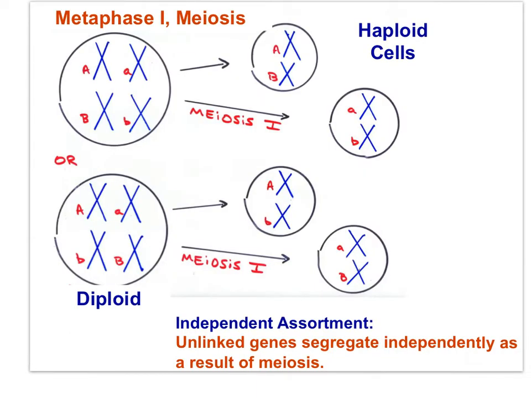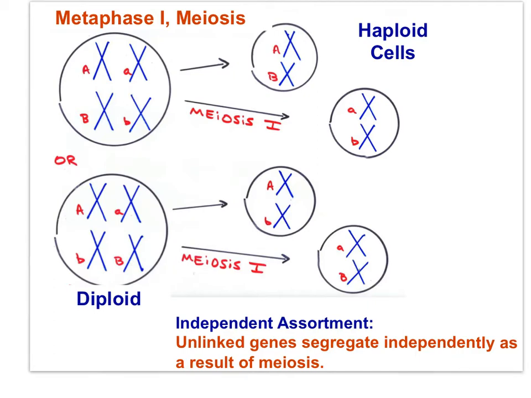Independent assortment of unlinked genes, like A and B here, is due to the random orientation of pairs of homologous chromosomes in meiosis I. During meiosis I, the homologous pairs align in either of two possible positions. We can have this lineup or this one. Notice the difference.